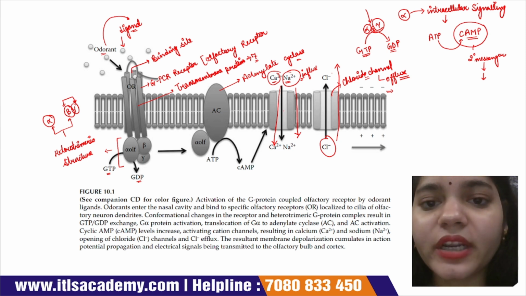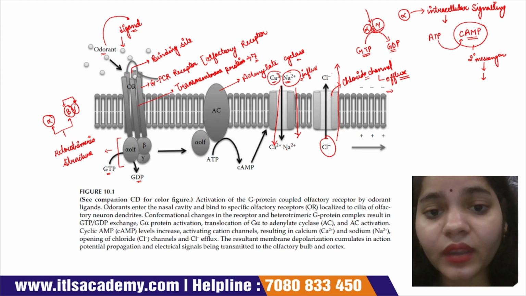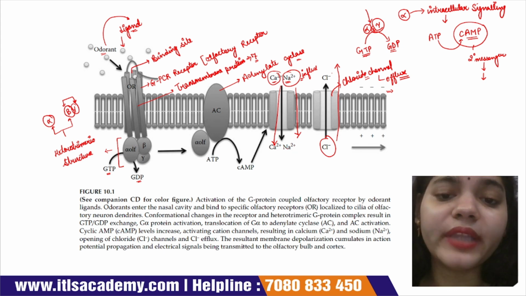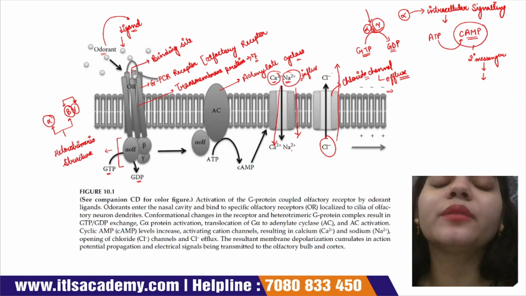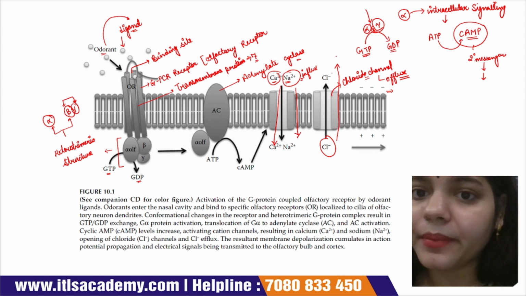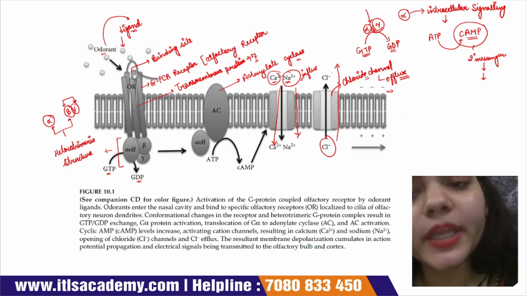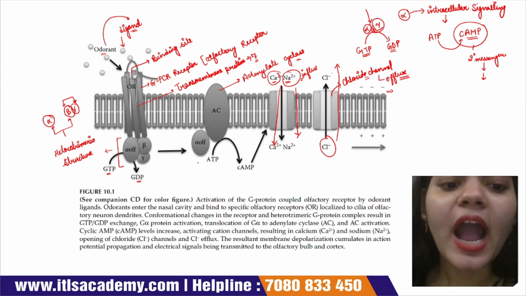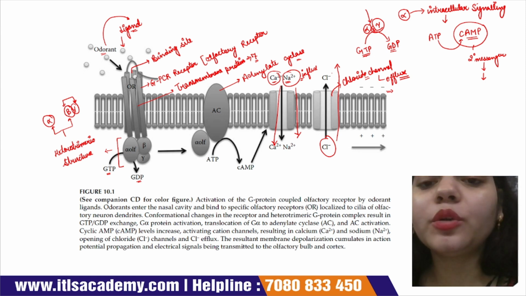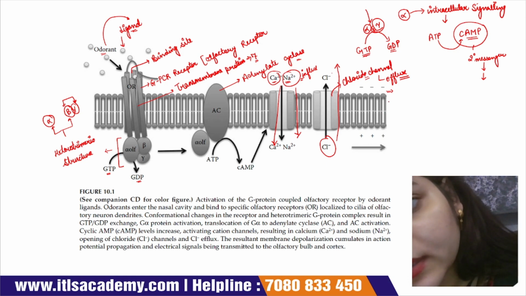Then the calcium and potassium channels will open and calcium and potassium will migrate into the cell. These will open the calcium chloride channel, and the chloride migrates outside the membrane, and as a result the plasma membrane will depolarize and the action potential, or electrical signal, is transmitted to the olfactory bulb and cortex. Okay, this is the plasma membrane.